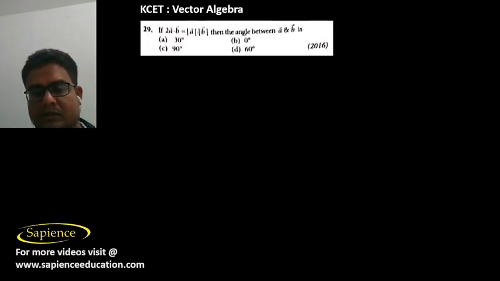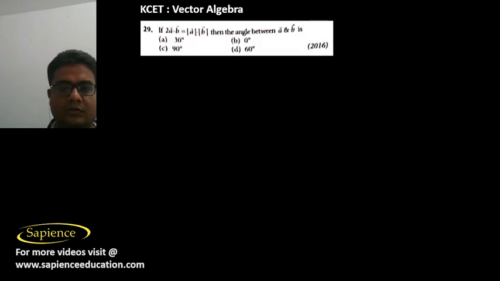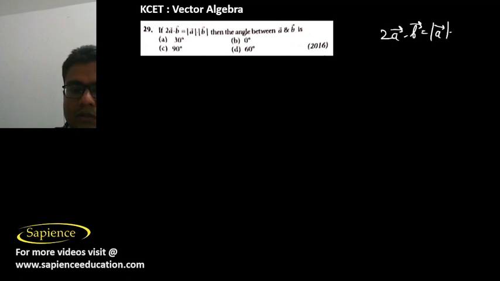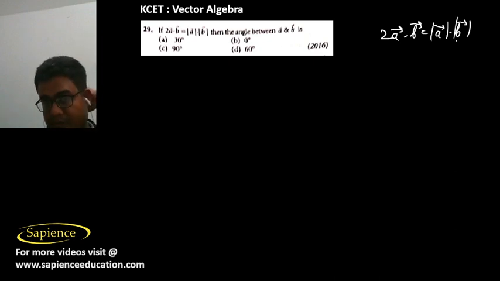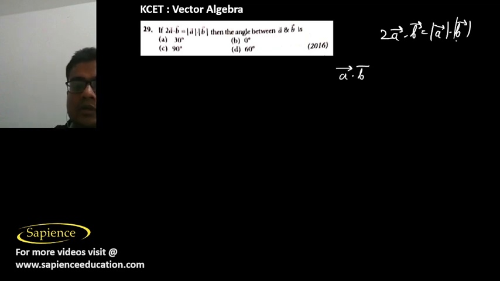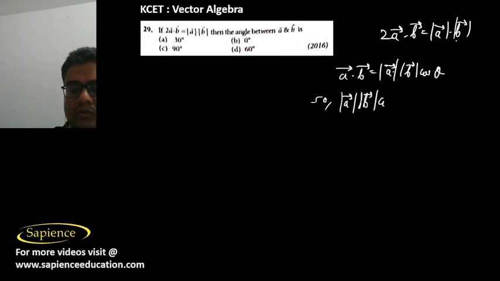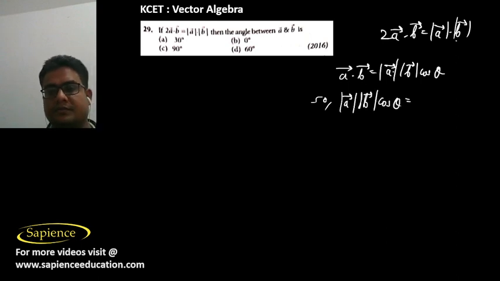Question number 29. It is given that A dot B is equal to magnitude of A into magnitude of B by 2. The angle in between A and B is how much? So A dot B, that is equal to magnitude of A into magnitude of B cos theta. Therefore, mod A mod B cos theta, that is equal to mod A mod B by 2.